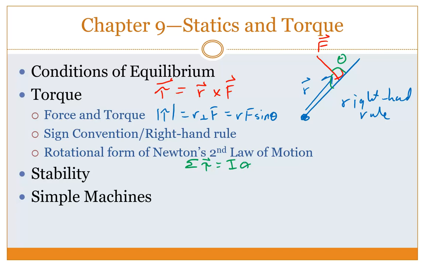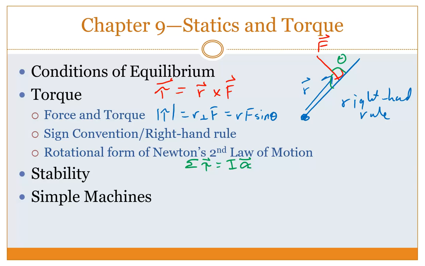Angular acceleration. And so that's the rotational equivalent of Newton's second law. It tells you that a torque, which as you recall my dad called the amount of twist, it's a twisting force, the net torque is the moment of inertia times the angular acceleration. Larger moment of inertia, just like larger mass, it's not going to have as much acceleration for the same torque.